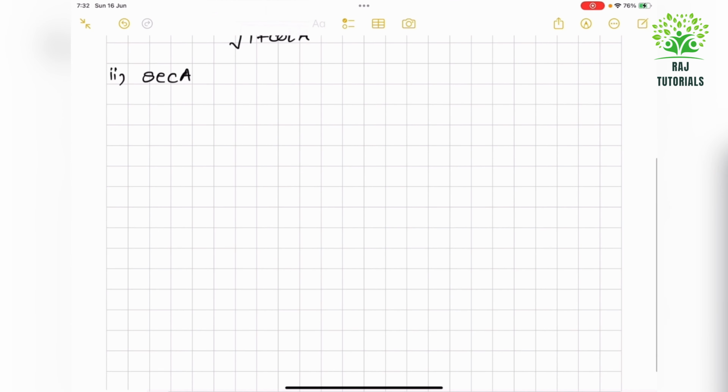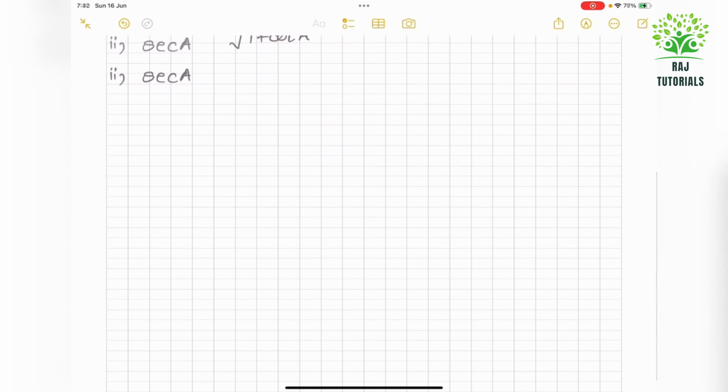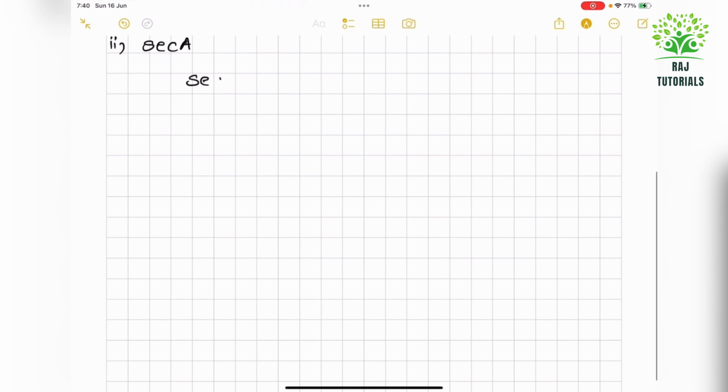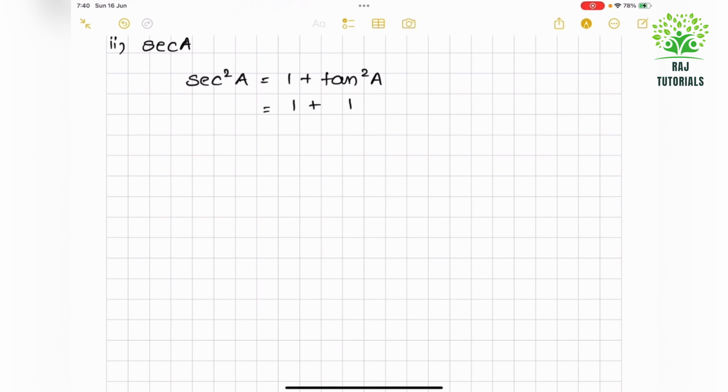Then second one is sec A. So sec A we can write as sec square A equal to 1 plus tan square A. This is the identity.